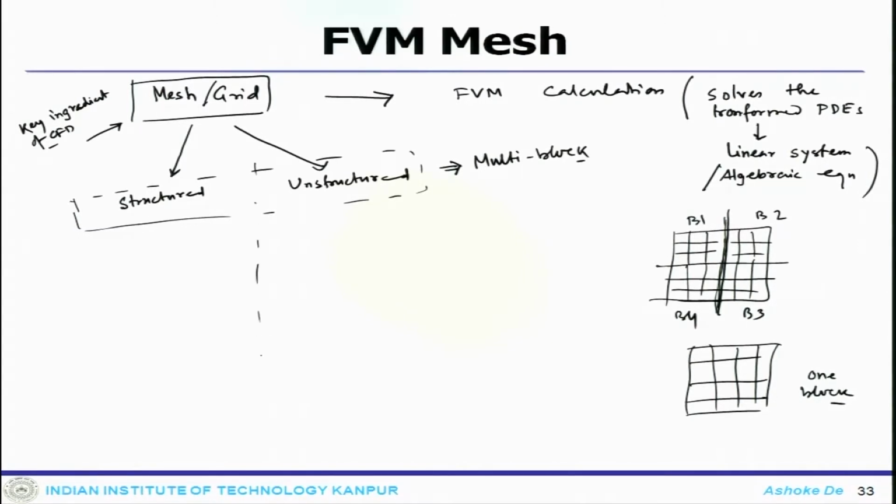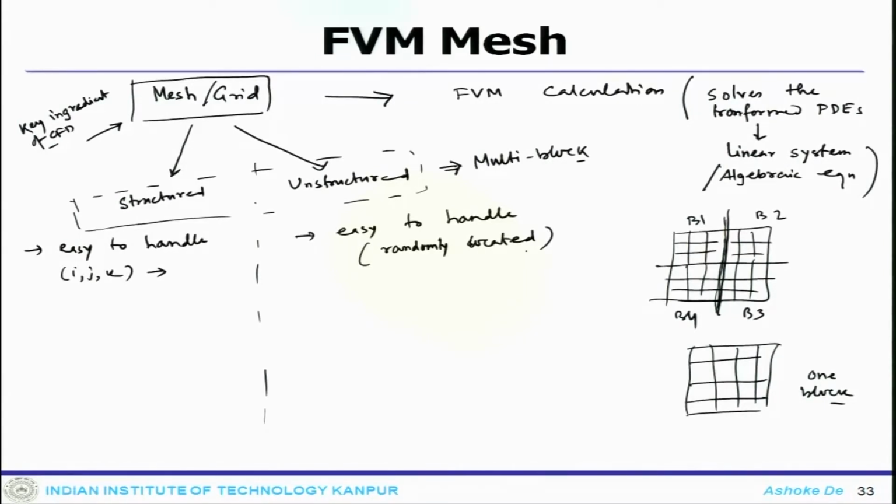Now, once you have a structured mesh, it is easy to handle, because your i, j, k direction can be tracked easily. This is not easy to handle in an unstructured mesh, because the cells are randomly located.